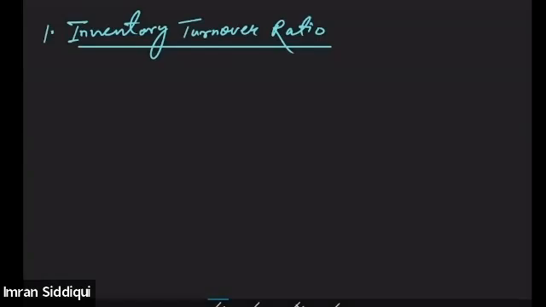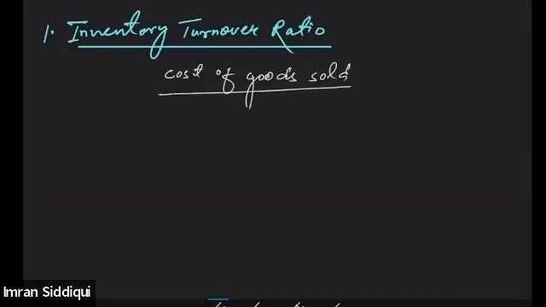The formula for this is: we take the value of cost of goods sold divided by the average inventory.